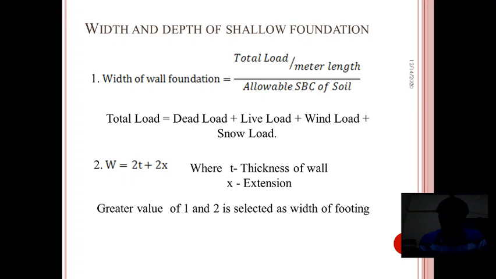By considering all types of loads divided by allowable safe bearing capacity of soil, that means F divided by sigma, where F is force or load, is nothing but area of the foundation.